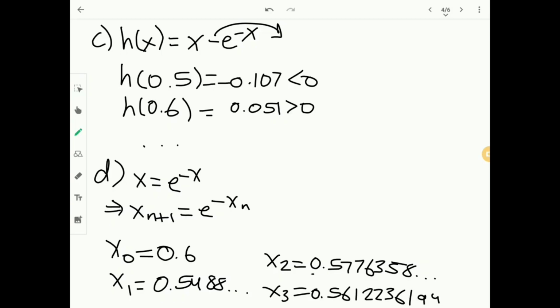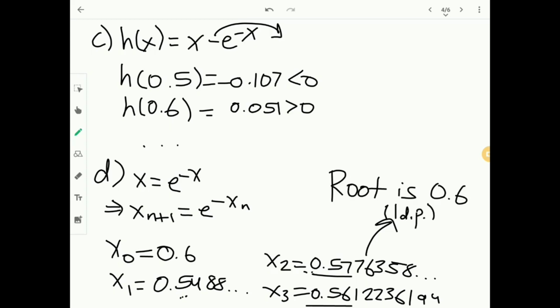As we can see, 0.57 and 0.56 are extremely close values. I did not stop at 0.57 because these two values round to different numbers, right? They want one decimal place, and since they both round to 0.6, our root is again 0.6 to one decimal place, and this is the final answer for part D.